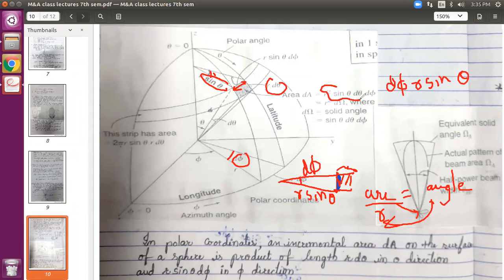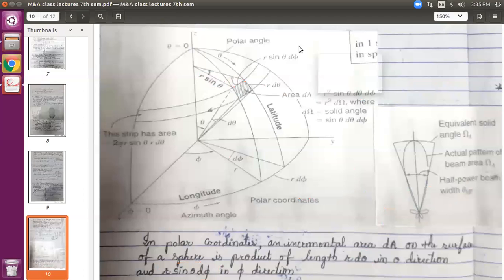Yes, d phi into r sine theta. So one more term we have got. One is r d theta, one length. One more is r sine theta into d phi. So if you just multiply these two, r d theta and r sine theta d phi, you will get this area.